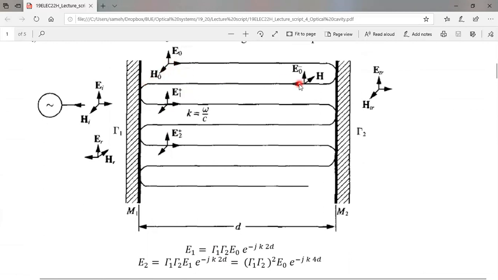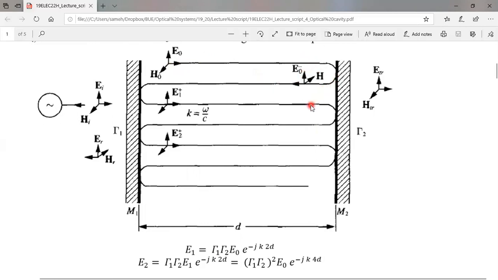Simultaneously, we can calculate the total electrical field propagating from M2, which is simply E naught minus and E1 minus and so on. Let's now remember that E naught minus equals E naught multiplied by e power minus j k d, because it's a single half trip, and then multiplied by gamma 2.